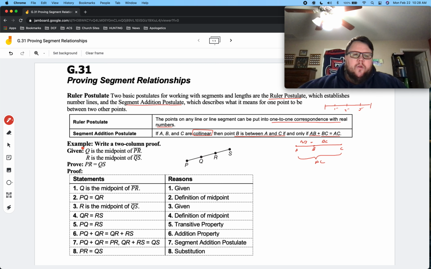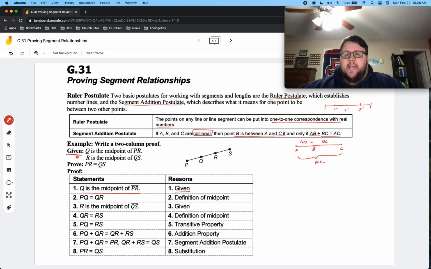So, example, write a two-column proof. Given Q is the midpoint of PR and R is the midpoint of QS, prove that PR equals QS. We always start out with the given. Q is the midpoint of PR. The reason? It's in our given. They give us this information, and since they give us this information, we don't have to think anymore.